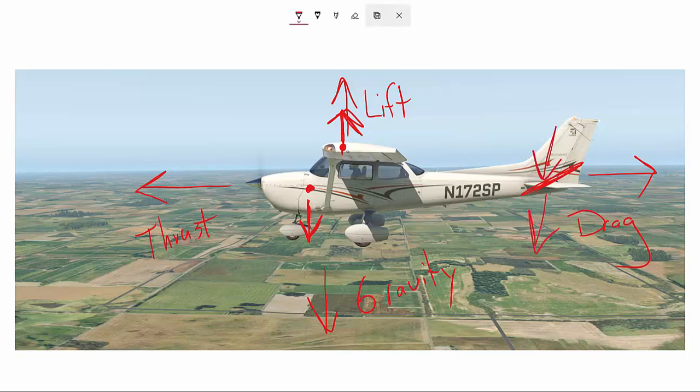And so what we have now is the center of gravity pulling downward on the plane, the center of lift pulling up, and then to counter that center of gravity pull, we have a downward force caused by the angle of attack of the horizontal stabilizer. So now what we have is two downward forces that equal out the force of lift.